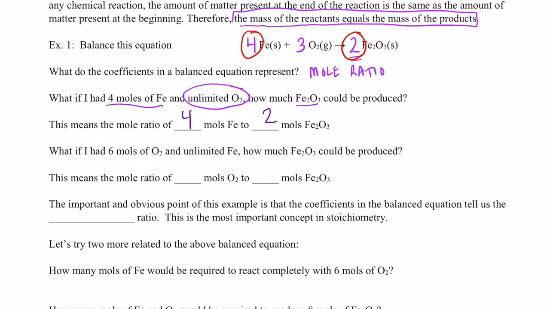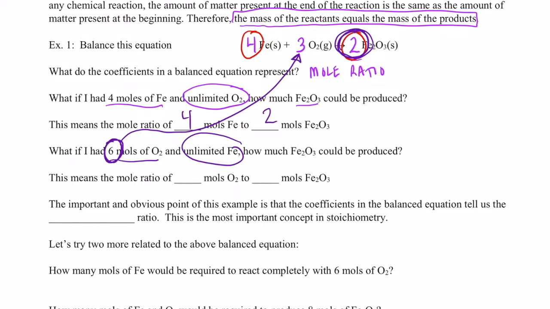What if I had 6 moles now of oxygen and unlimited iron this time? How much Fe2O3 could be produced? Well, let's take a look. 6 moles of oxygen. If we take a look here, it says I need 3 moles of oxygen to produce 2 moles of Fe2O3. So what if I had double that amount of oxygen? What if I had 6 moles of oxygen? Doesn't it make sense that I could make double the amount of Fe2O3?